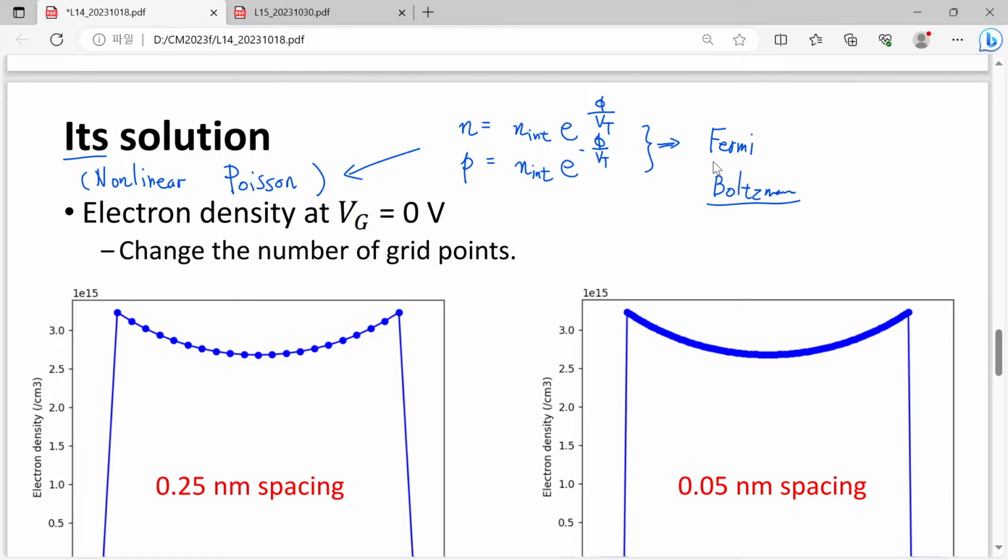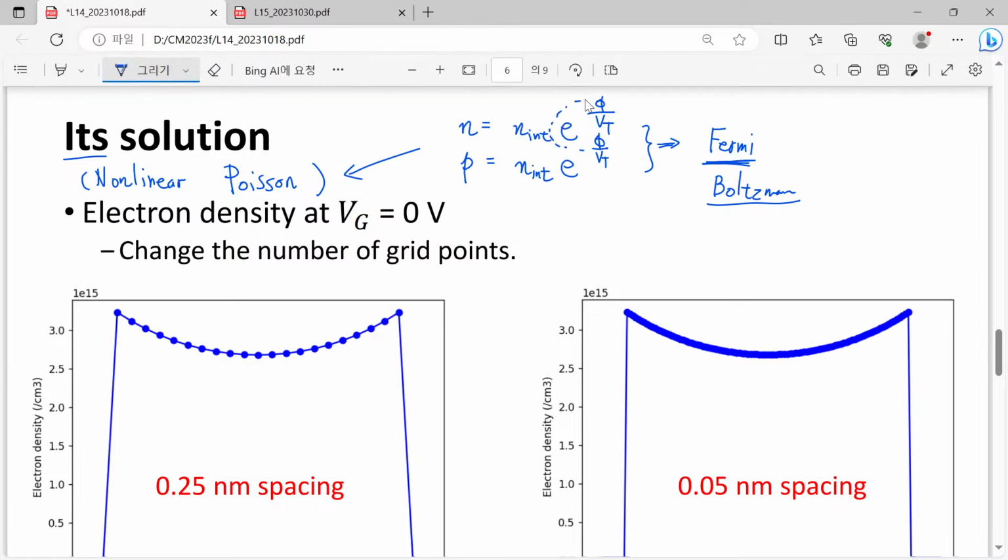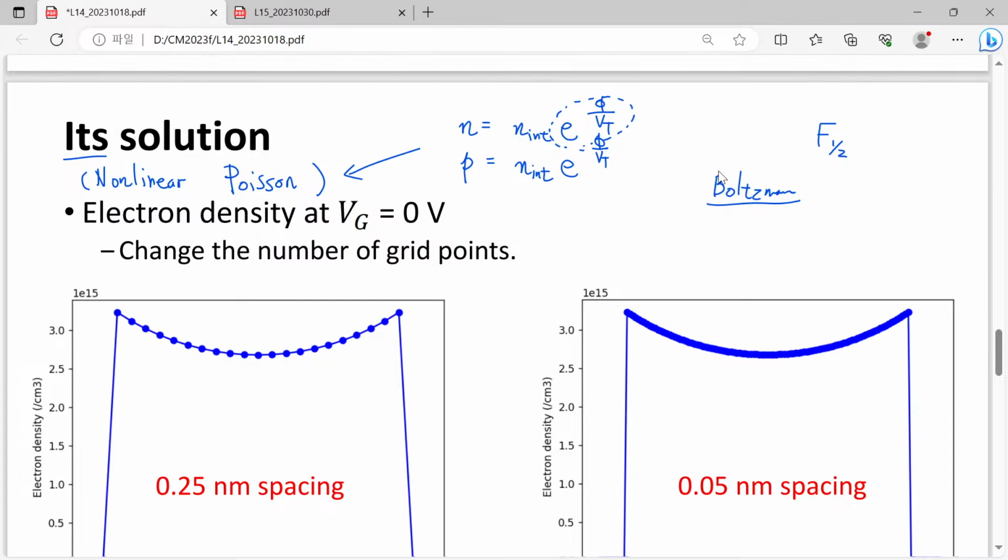So if we really wanted to talk about the Fermi-Dirac statistics instead of this kind of exponential dependence, what should you do? We must do the Fermi integral, which has order of half. So if you don't remember, if you don't understand this one, it's okay. Please note that this expression is just an approximated form for a specialized assumption.